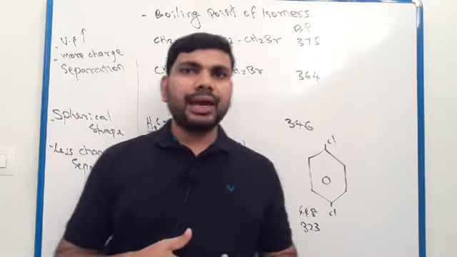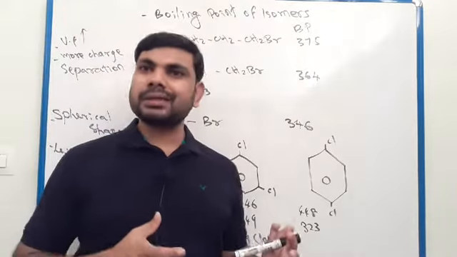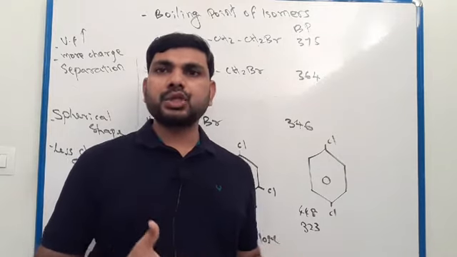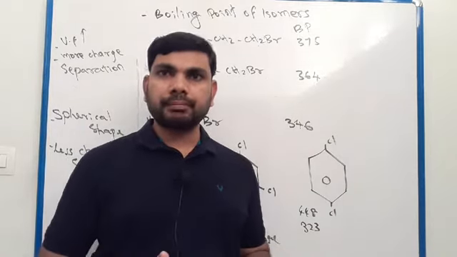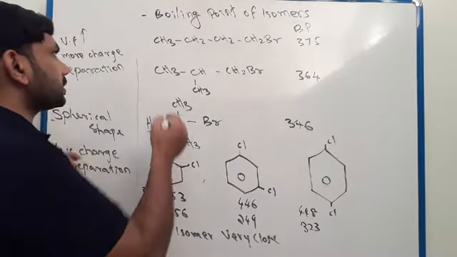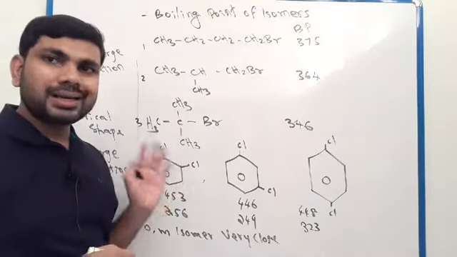Next we have to discuss the difference in boiling point of isomeric alkyl halides. Alkyl halides produce isomers; we know what an isomer is. Look here, three structures are given. They are isomers.